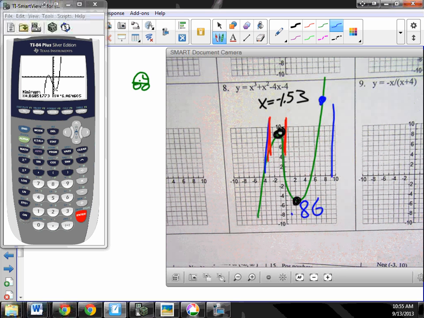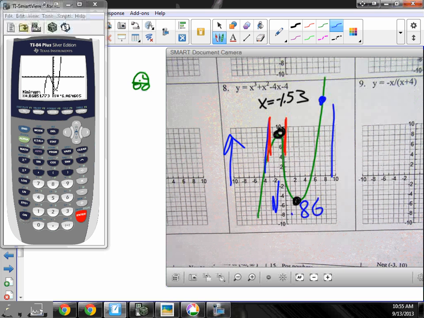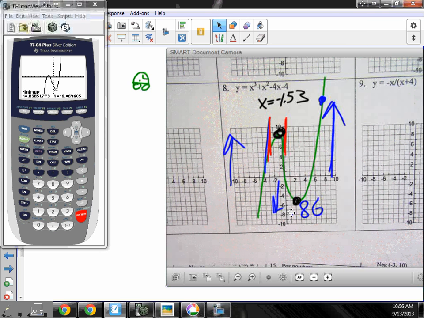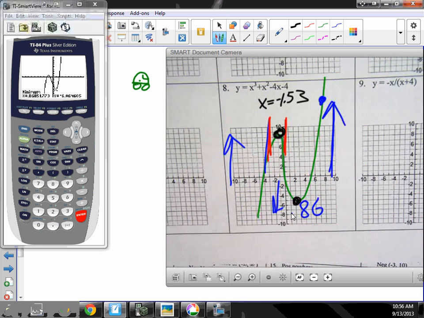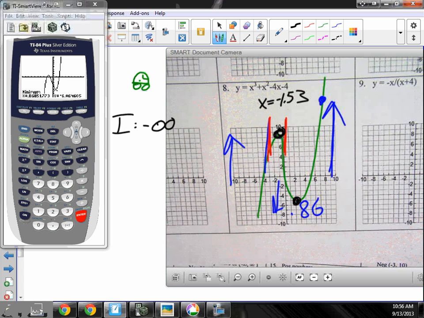So now, we decided I have an up portion on the left, a down portion in the middle, and an up portion on the right. That piece that's farthest to the left, what is the interval of increase? Where does that increase begin? Negative infinity, comma, that piece on the left ends at what value?